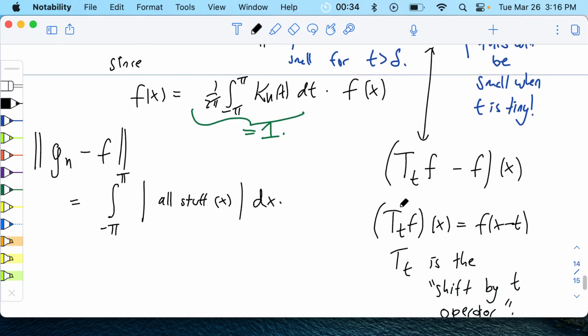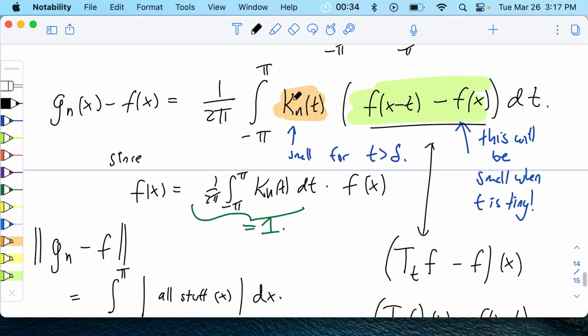I'm going to write it in the following way. It's less than or equal to 1 over 2 pi, and then you integrate from minus pi to pi of the absolute value of kn of t. So you see, when you do the integral here, the kn, when you're integrating over x, there's no x's. So it's just kn of t. It's always kn of t. You can pull the integral with x inside.